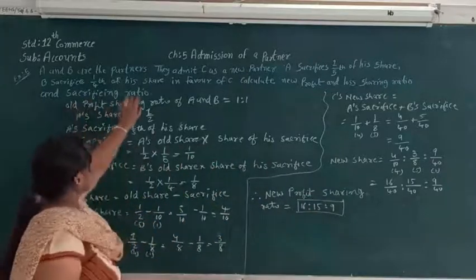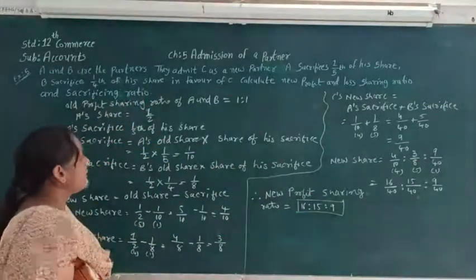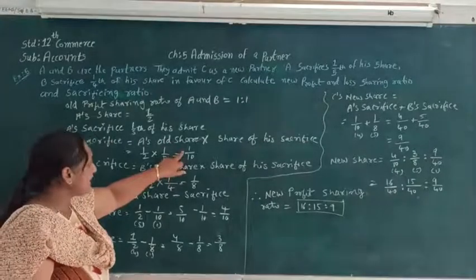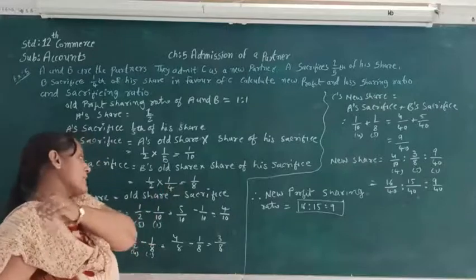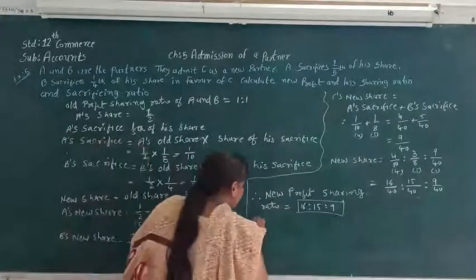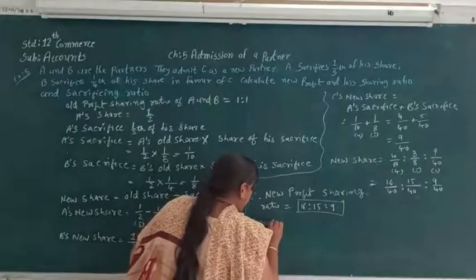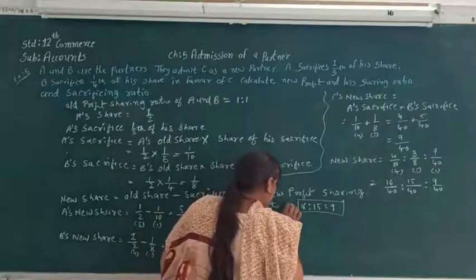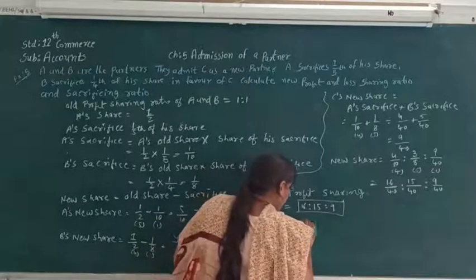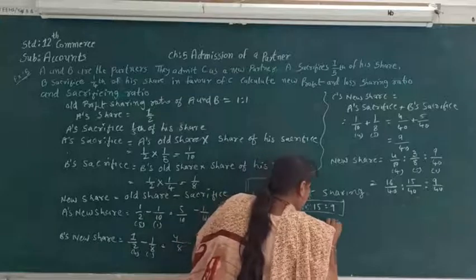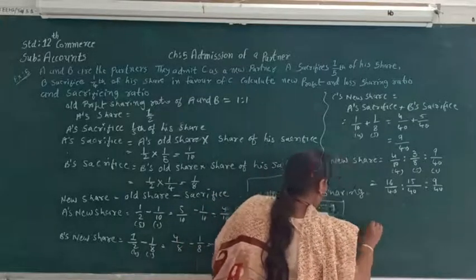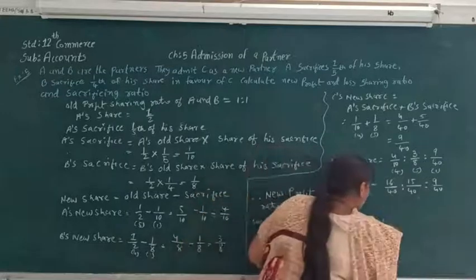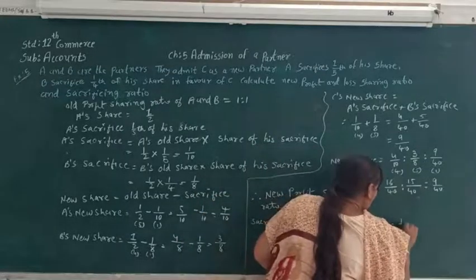Again, here they are asking us to find out the sacrificing ratio. We can see that A's sacrifice is 1 by 10 and B's sacrifice is 1 by 8. So the sacrificing ratio of A and B is equal to 1 by 10 is to 1 by 8.